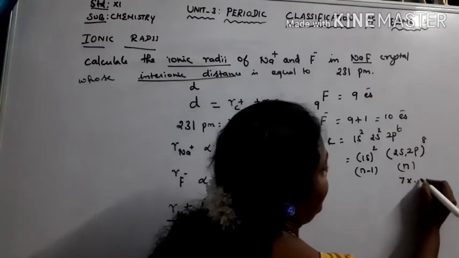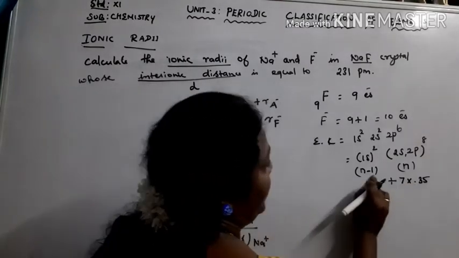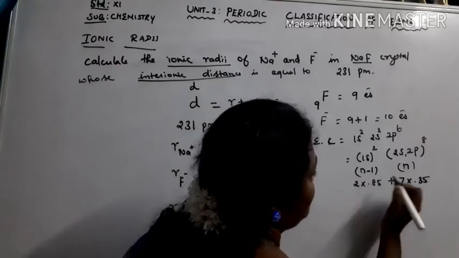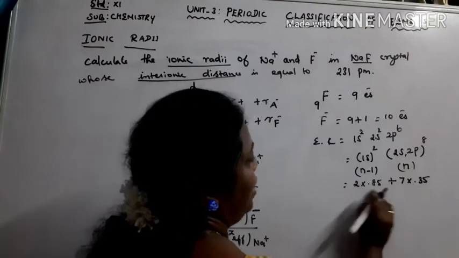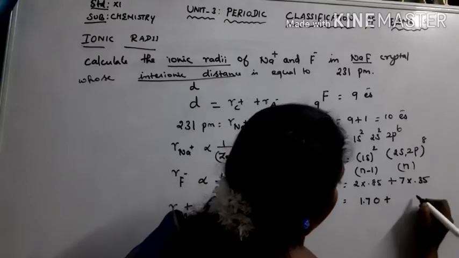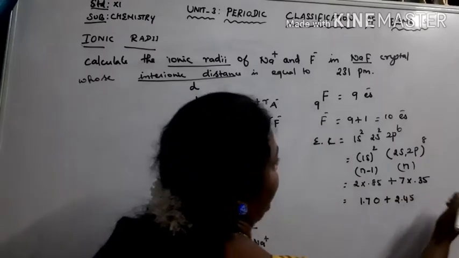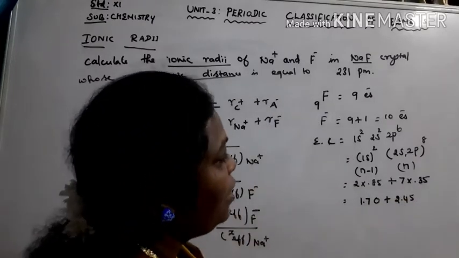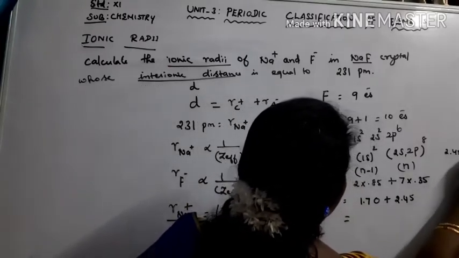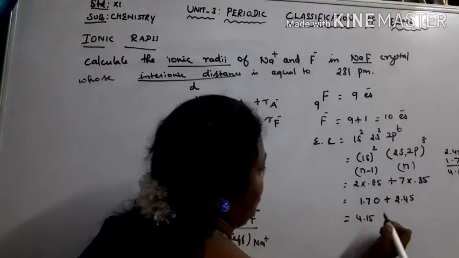So 7 into 0.35, which is 2.45, plus the n minus 1 shell, which contains 2 electrons, multiplied by 0.85. 2 into 0.85 is 1.70. While we add these two, we get 4.15.